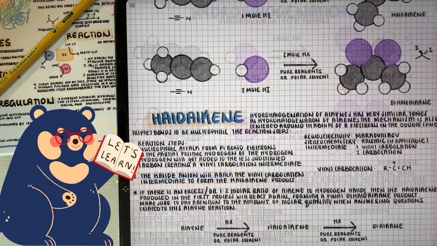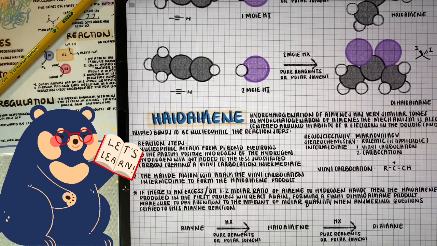If we take a deeper dive into the details of this reaction, we see that it's super similar to what we've seen before. We're also going to have that carbocation intermediate. But since this reaction happens twice, we're going to have 2 different types of carbocation intermediates. The intermediate from alkyne to haloalkene is going to give us a vinyl carbocation.